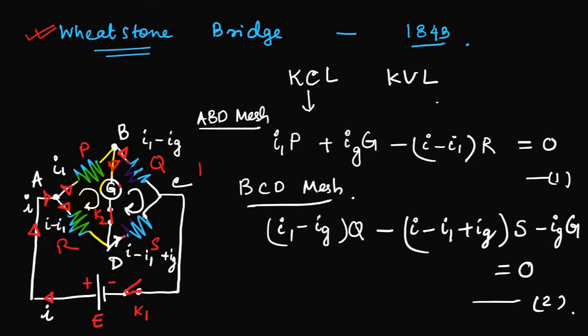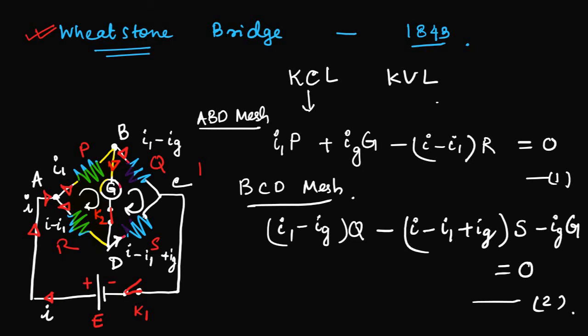Now here you can see that along BC, what I did was divide I1 into two parts: one going through BD, which is IG, and the left out part, I1 minus IG, along BC.